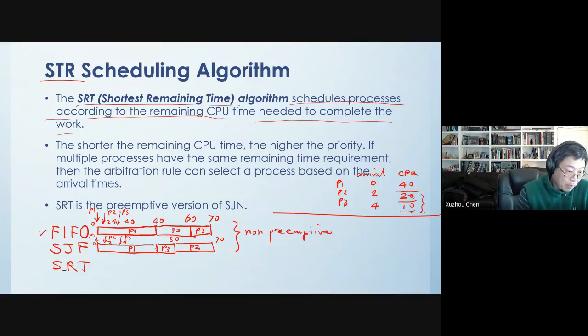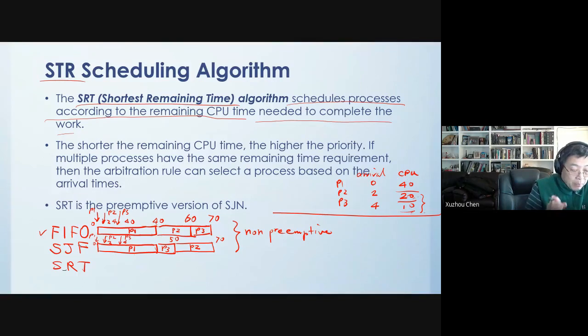Okay, these are non-preemptive. That means if one process is currently in the CPU, running, no other process can kick it out, even though the other process has a higher priority, like in the shortest job first case.